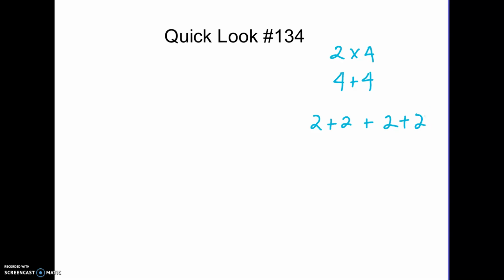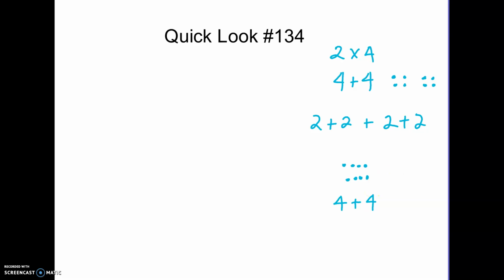Or maybe you saw, when I saw my 4 plus 4 over here, I was thinking, well, there's 4 here and 4 here. But maybe did you see 4 across the top and 4 across the top? So that would be 4 plus 4.